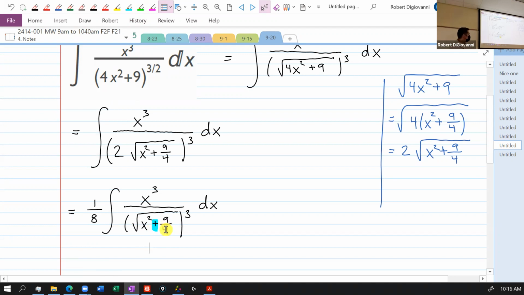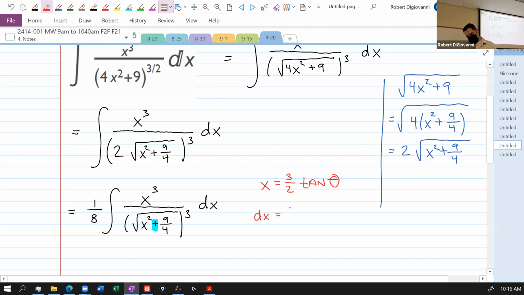What if that was a 5? What would a be? The square root of 5. So a is always just the square root of that number. So for us, x will be equal to a, 3/2, tan theta.